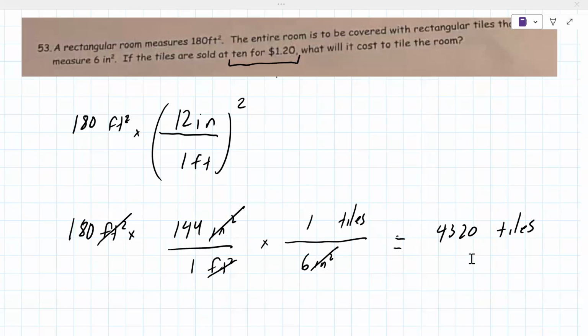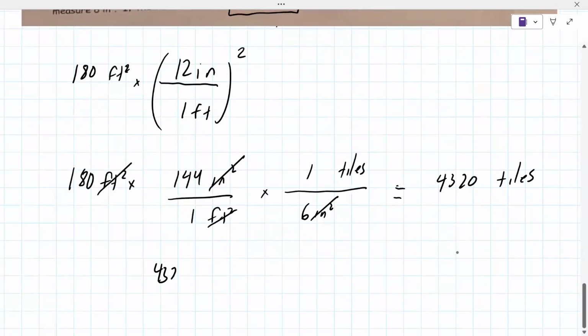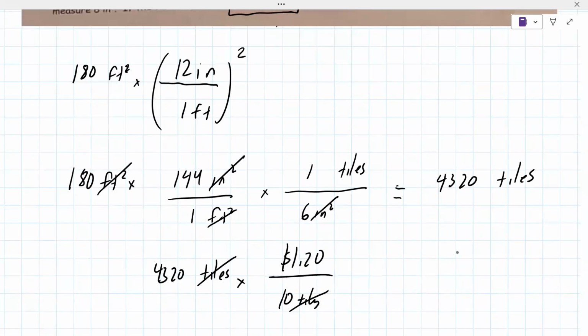Okay, so now we know how many tiles we need. So we know that for each 10 tiles, 10 tiles costs $1.20. So again, the tiles cancel, you're left with money, you're dividing by 10 and multiplying by 1.20.